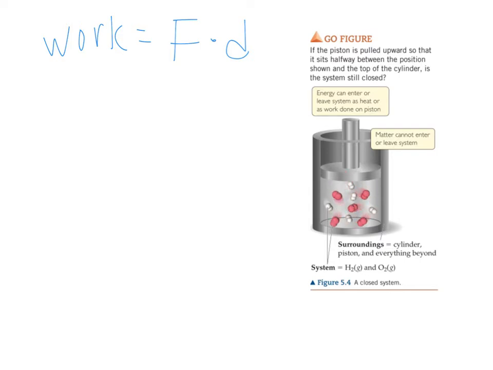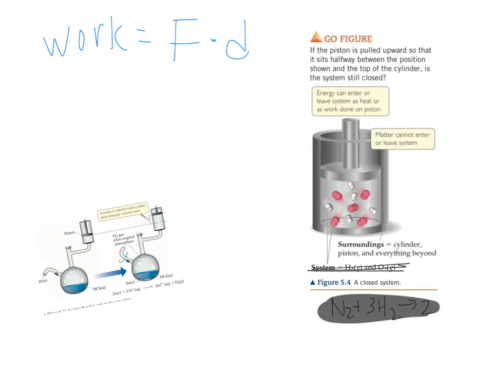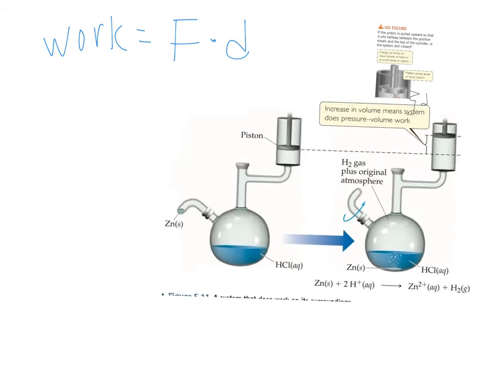I want to use an opposite example. So we talked about how work could be done if the gas expanded, or if the piston went down. That was a force being applied, and the distance would be the distance changing here. I'm going to use a different example right now.